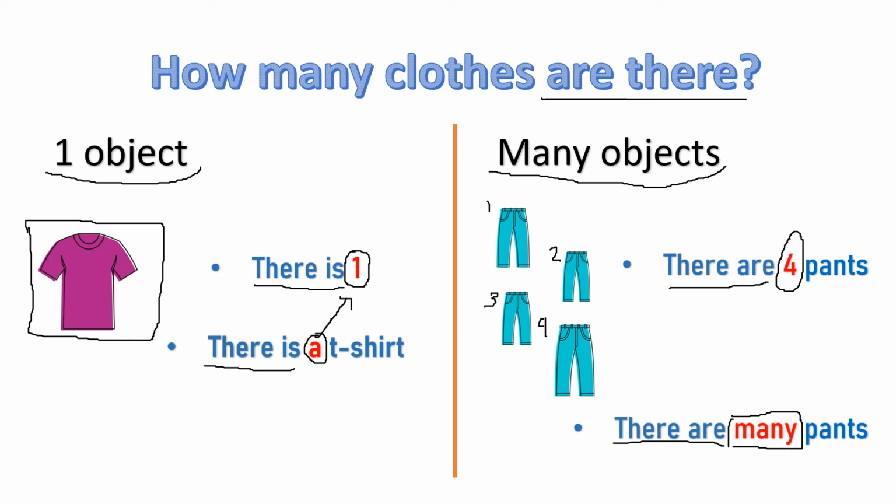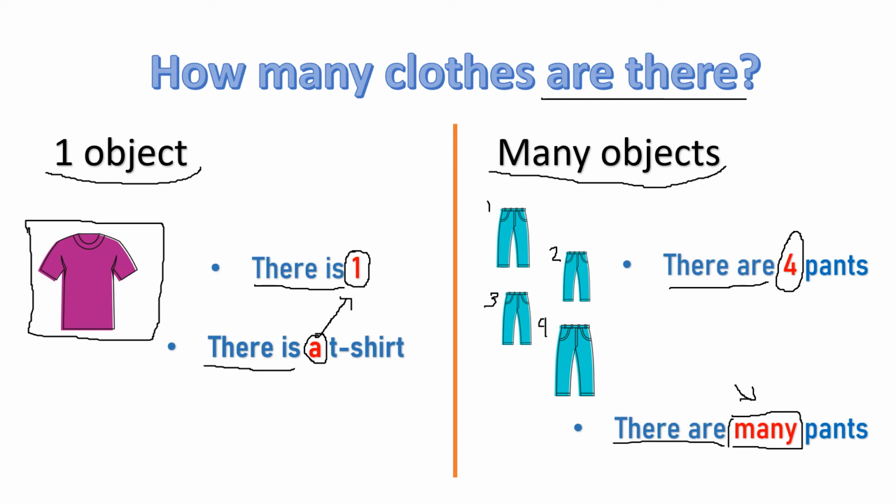Para la pregunta 2, cuando tenemos varios objetos, podemos contestar el número exacto de objetos que tenemos. There are 4 pants. Hay 4 pantalones. O si no sabemos el número exacto, podemos utilizar la palabra many, que quiere decir muchos.